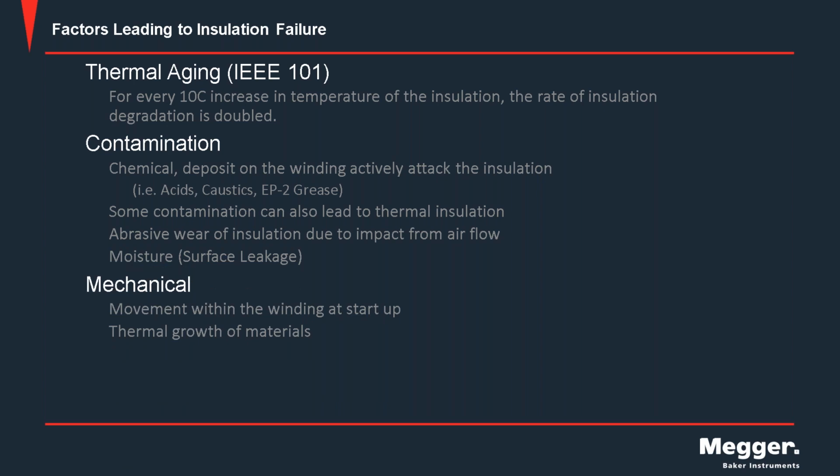So insulation can also degrade mechanically, just the movement of the windings. In our next webinar, I believe that there's maybe a video we can show you that physically demonstrates this significant amount of movement of the winding. And then also the windings grow thermally as we heat them up, especially during the starting cycle where we have a high inrush current.